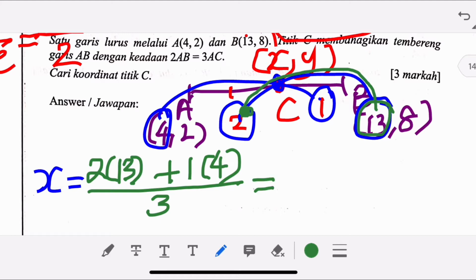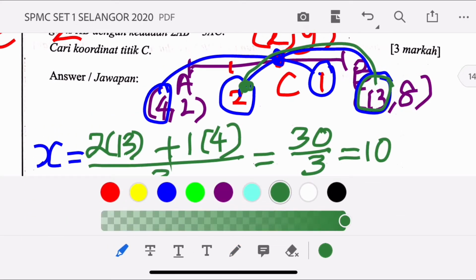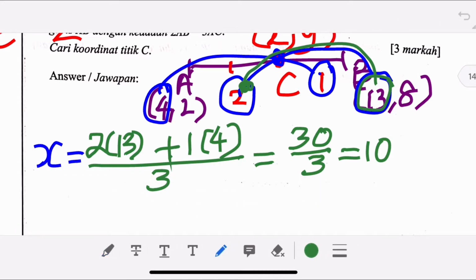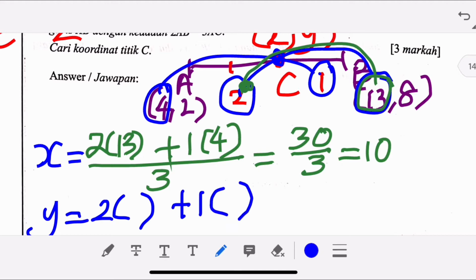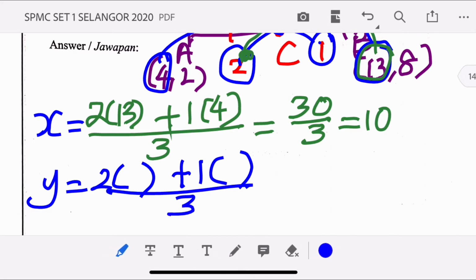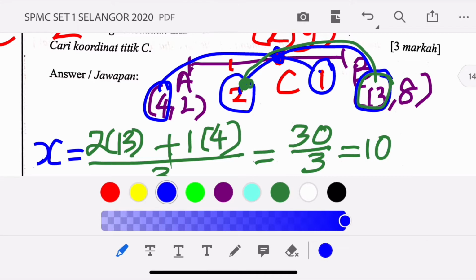That means I'm having 26 plus 4 is 30 over 3, which is 10, right? And for y it is quite simple. You can always follow this method. For y, you just copy the 2, the 1 in brackets we leave it first, over 3. Beside 13, what is the y value?